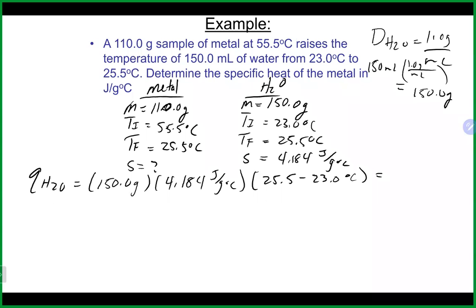That's going to give us, I think, 1569, if I'm not mistaken. The units here would be joules, as the grams would cancel, degrees Celsius will cancel, and we would end up with joules.